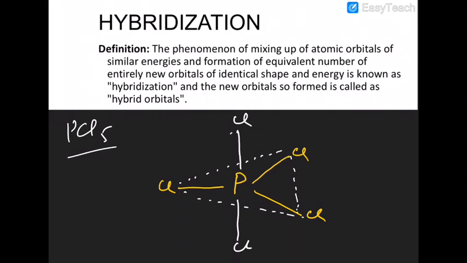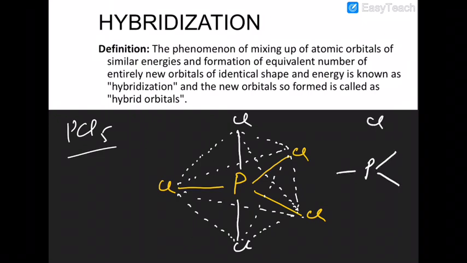If you just join that, it will give you a type of pyramidal. One is above, another is below. So that is trigonal bipyramidal.